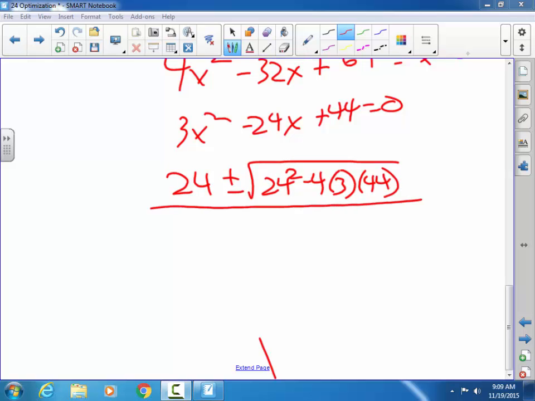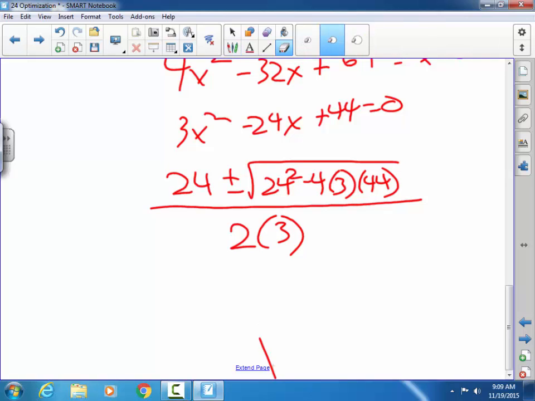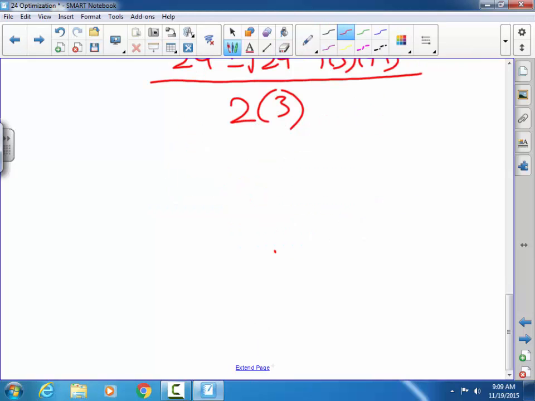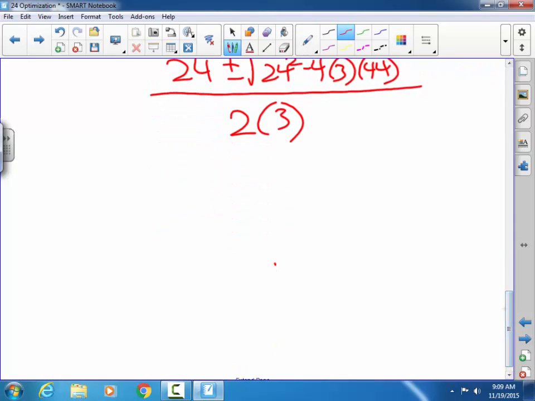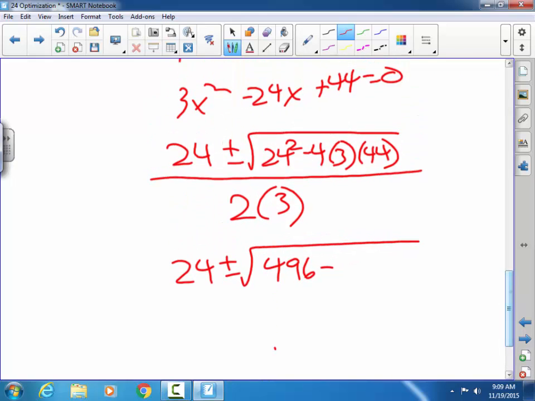Somebody's got to have calculating devices for us. 496 minus 4 times 3 is 12 times 44 is a big old number. Oh, 176 times 3 is like 5 something. I hope that's wrong.